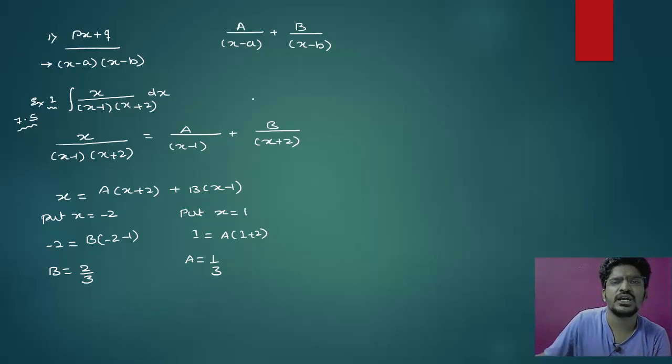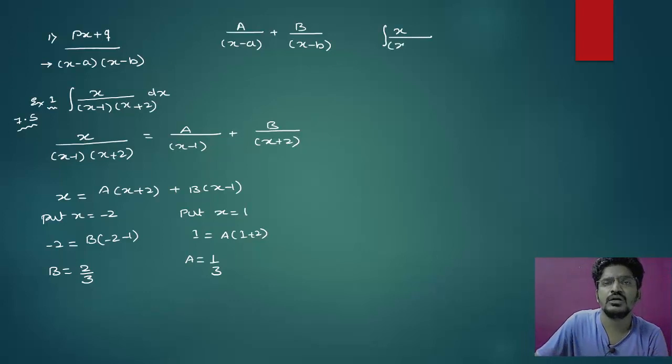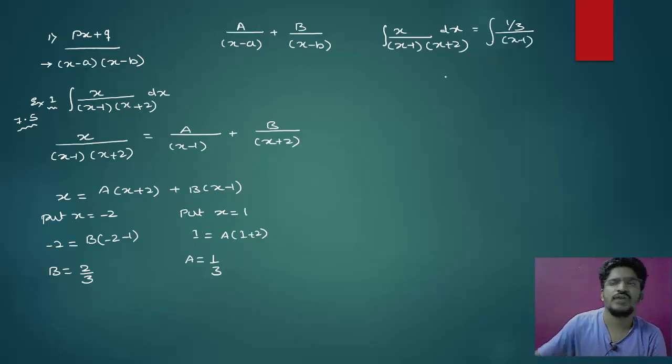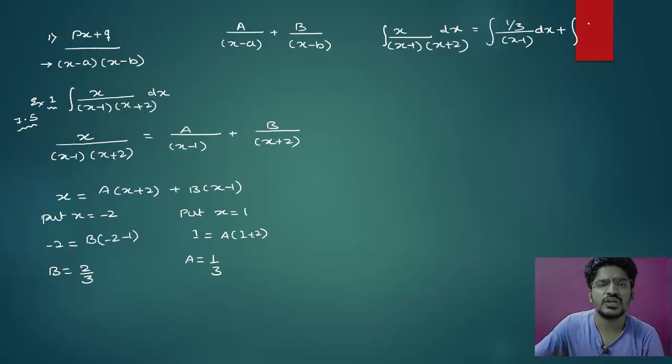Now we can do the integration of x divided by x minus 1 into x plus 2 with respect to dx. That will be equal to integration of a value 1 by 3 divided by x minus 1 with respect to dx, plus integration of b value, 2 by 3 divided by x plus 2 with respect to dx.